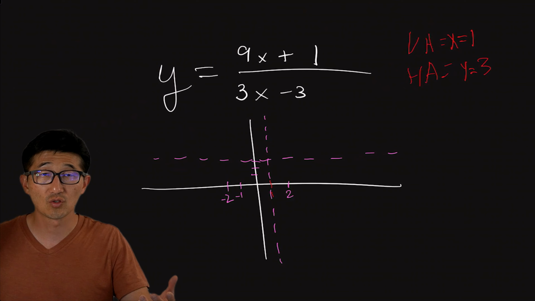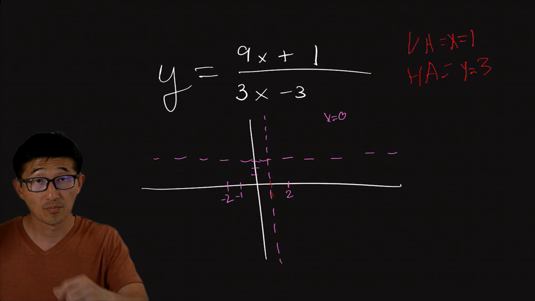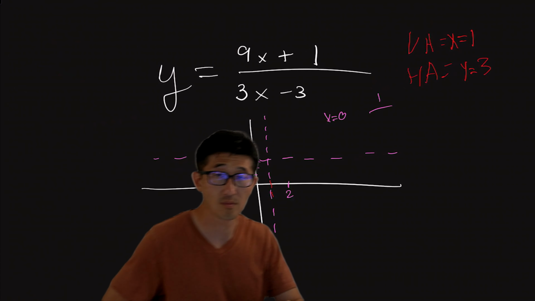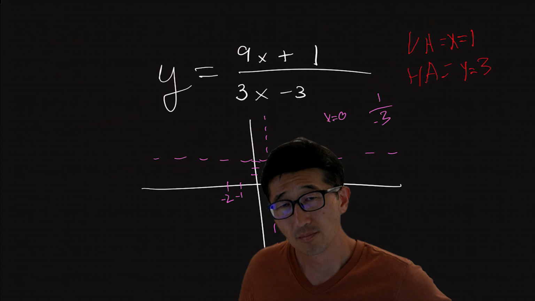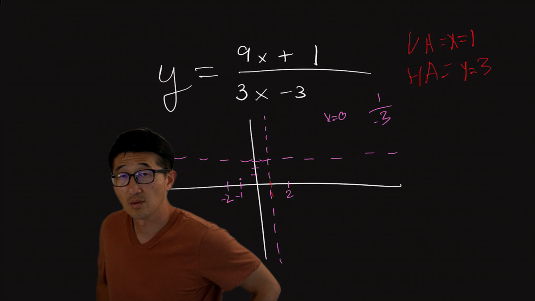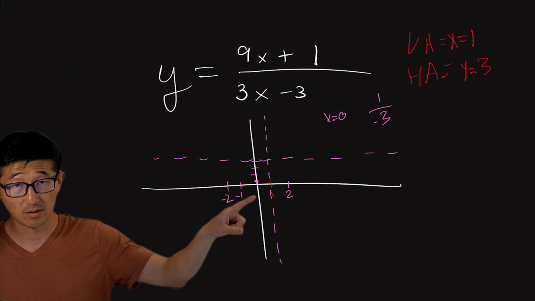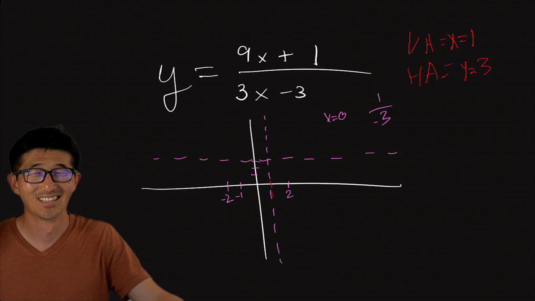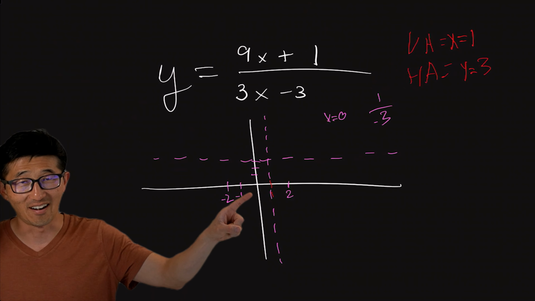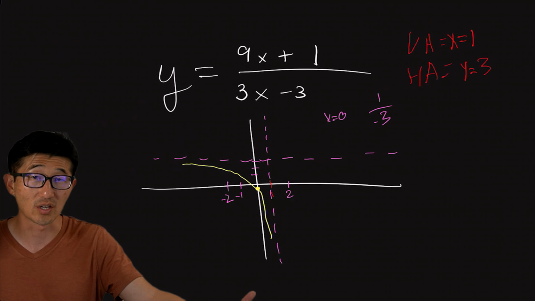Just plug in x equals 0 to figure out where it touches on the y-axis, and that should give you an idea. So at 0, 1/3 will be right here, right? Okay, the graph would look like that.